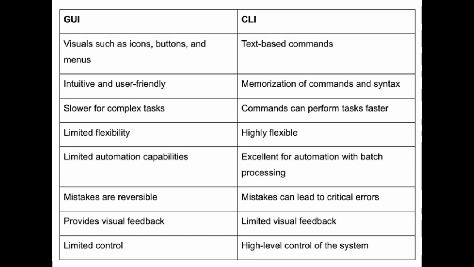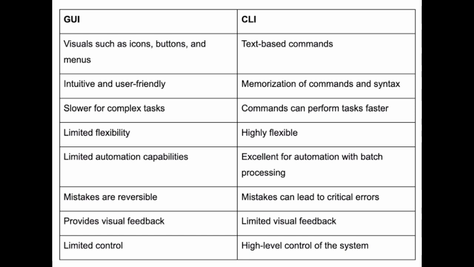In terms of memory requirement, let me start with GUI. GUI has a high memory requirement, but CLI has a low memory requirement. In terms of flexibility, GUI has a very flexible interface.